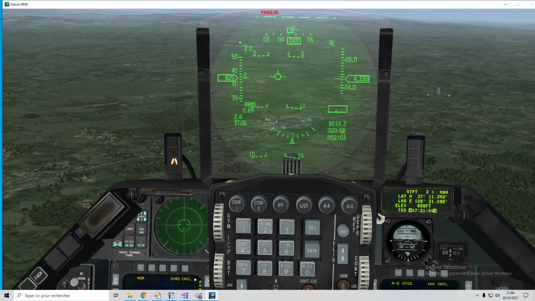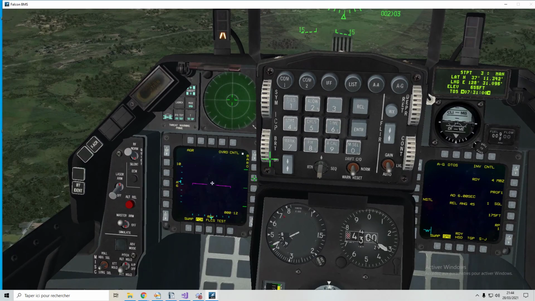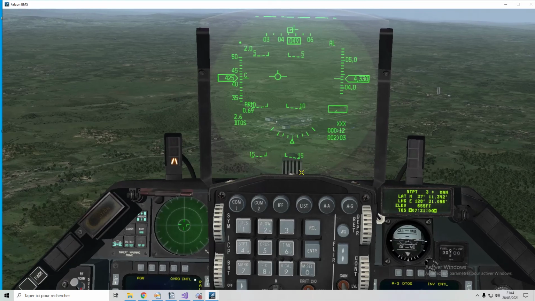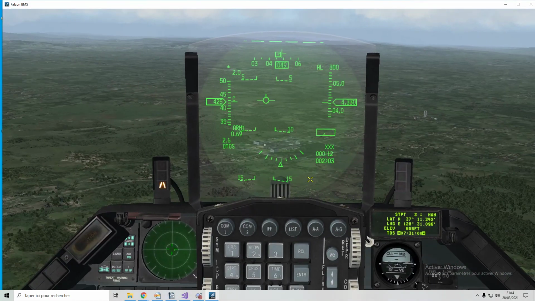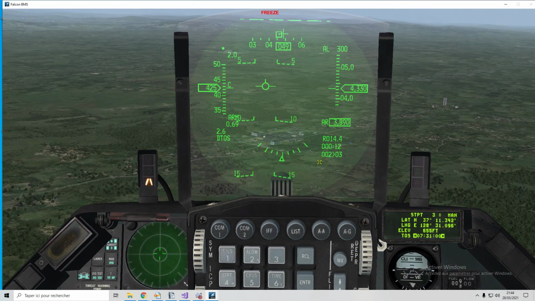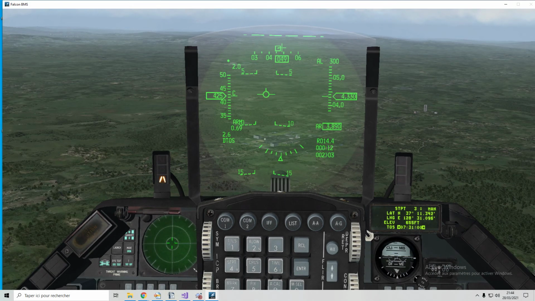Now if you switch the backup sensor to the radar altimeter, right now it's XXX because the radar is off. Turn it on. Okay, and now the symbology has changed. It's R for radar altimeter, and the system will consider the ground to be the one that it's reading on its radar altimeter.